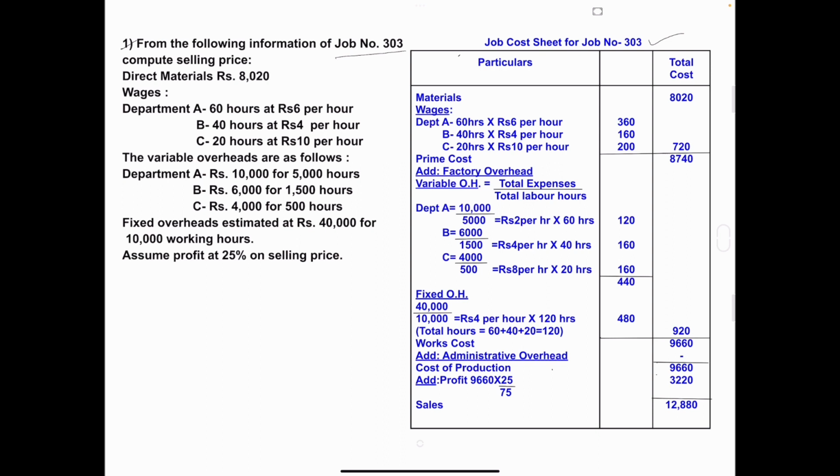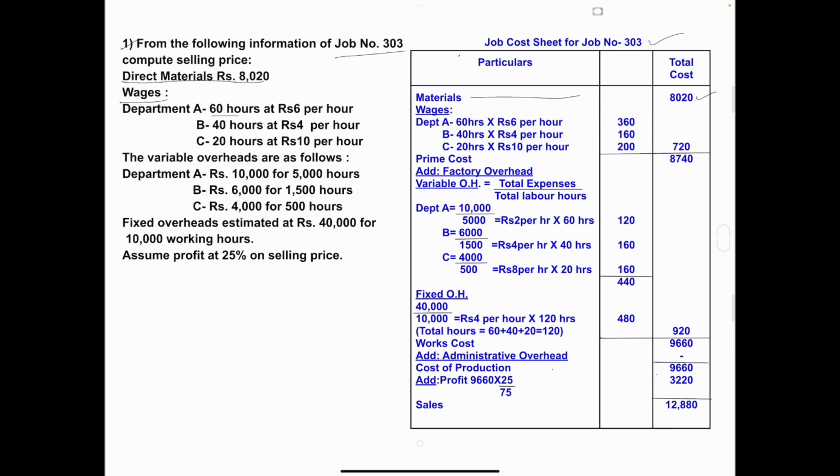Particulars and total cost. First, we have to take direct material, in the total cost column the amount 8020. Next, wages. In that, three departments are there, A, B and C.